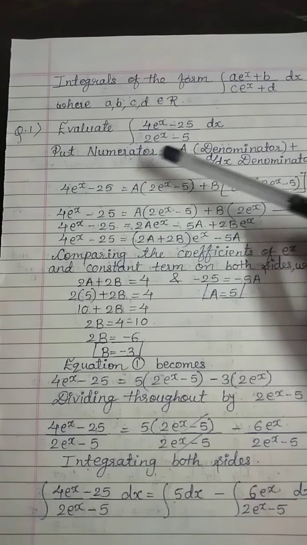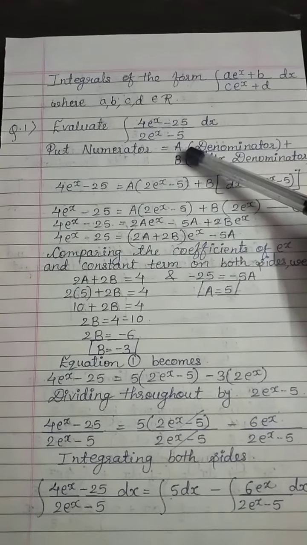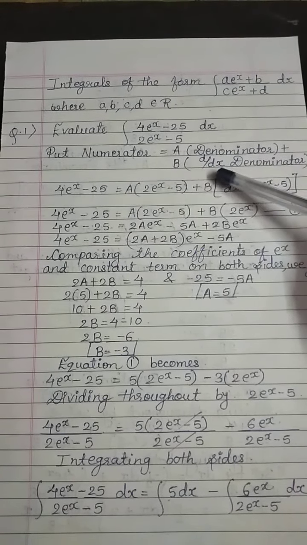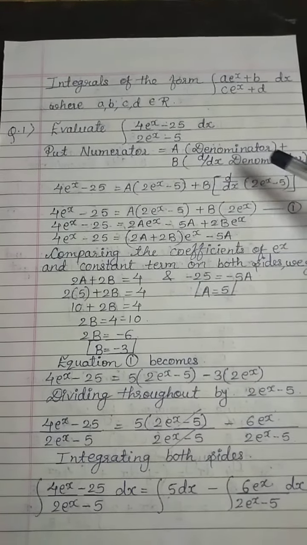Put numerator is equal to a into denominator plus b into derivative of denominator.